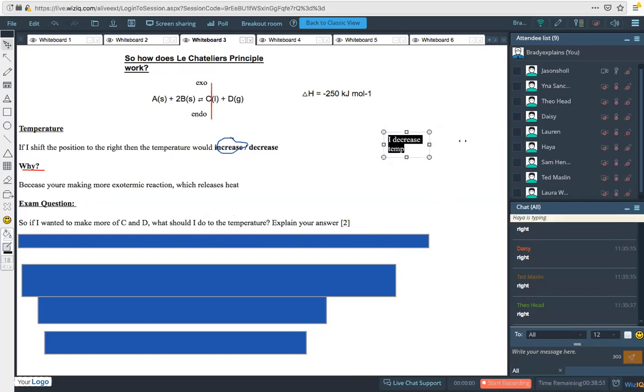Would it try and decrease it further, or would it try and bring it back up again? Right, so if I decrease the temperature, the position of equilibrium will try and bring the temperature back up again. Which reaction increases the temperature back up again? The exothermic or the endothermic?